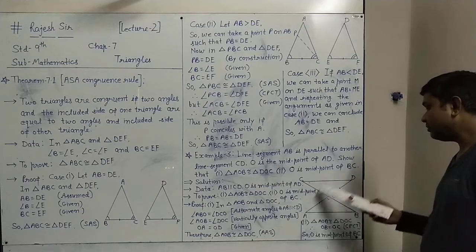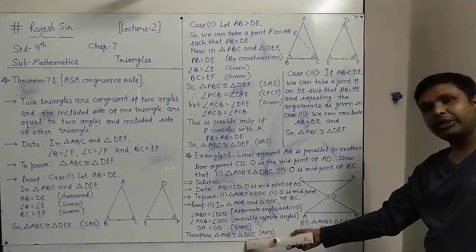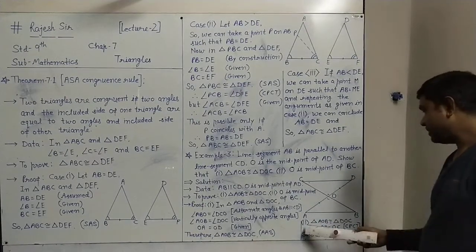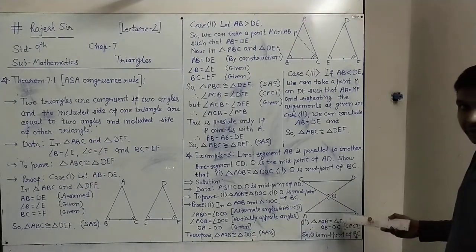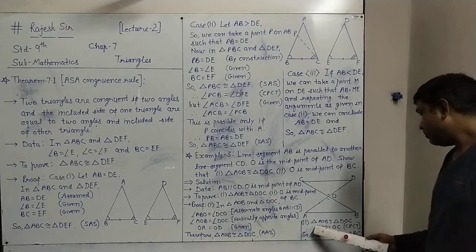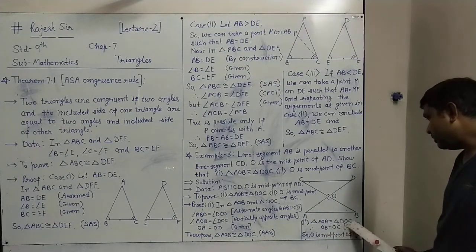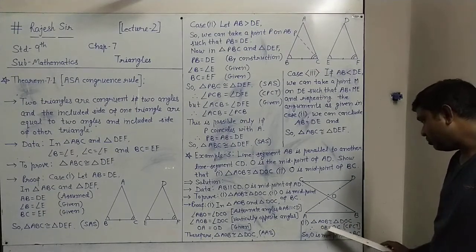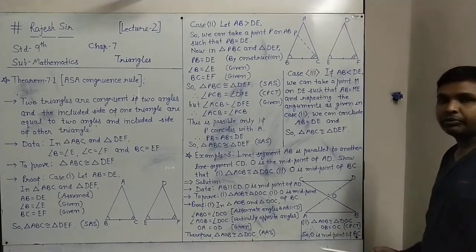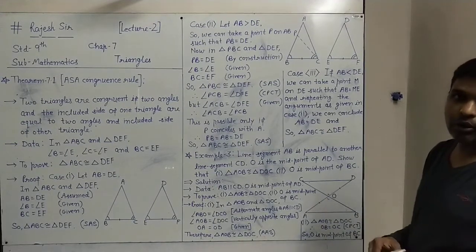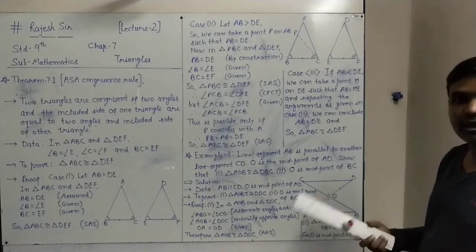To prove the second one, we will use the congruence which we have proved. Triangle AOB is congruent to triangle DOC, and we take that. We can write OB equals OC, because if two triangles are congruent, all the corresponding parts of the two triangles are congruent.